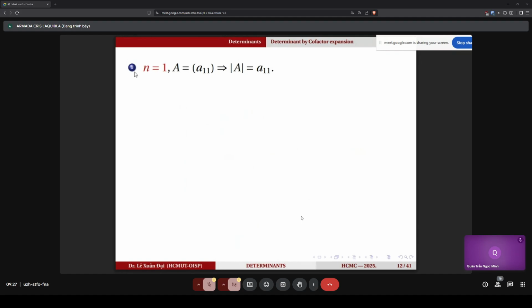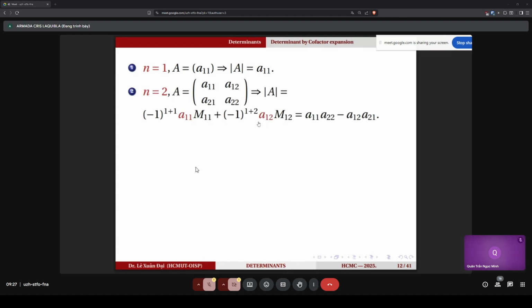For example, if n is equal to 1, the entry is only A11, so the determinant is equivalent to the number A11. Next, if your matrix is a 2 by 2 matrix, as you remember when we saw the determinant, it's A11 times A22 minus A21 times A12.